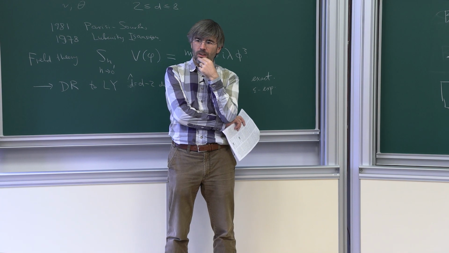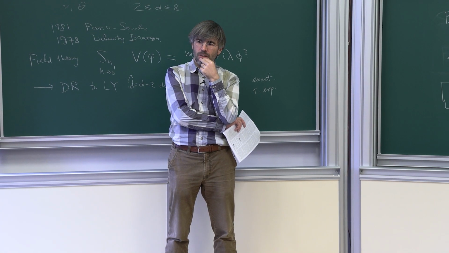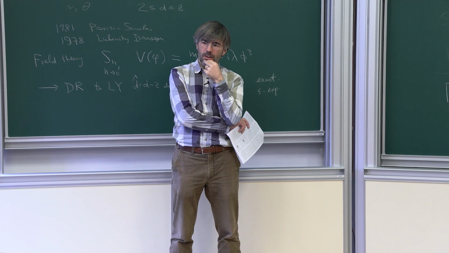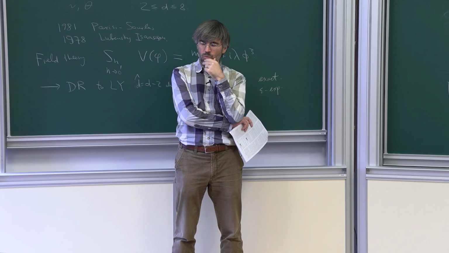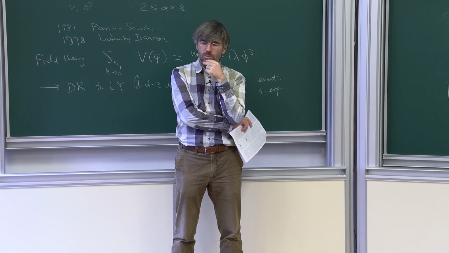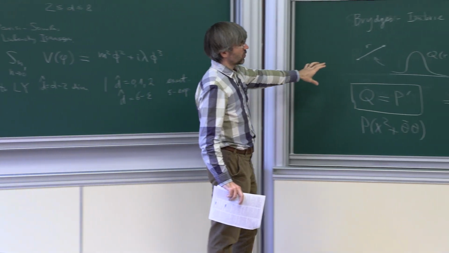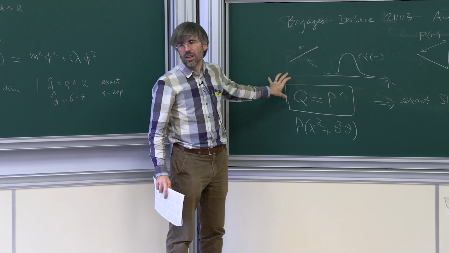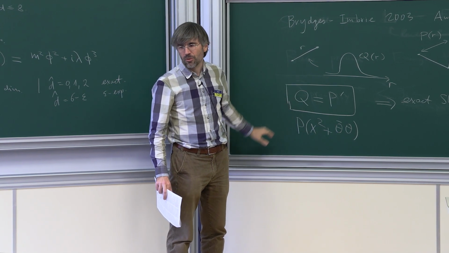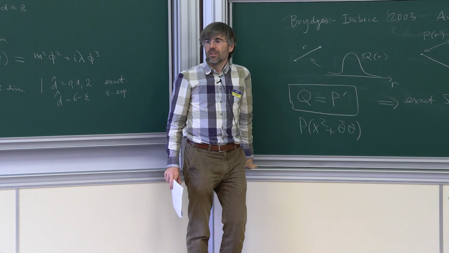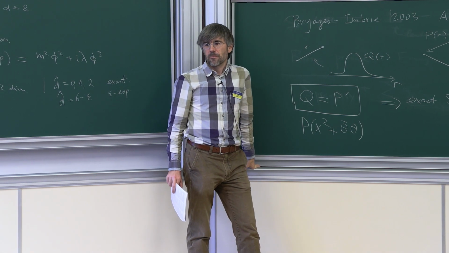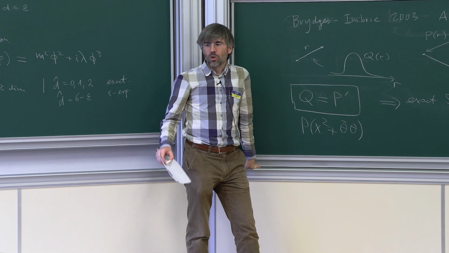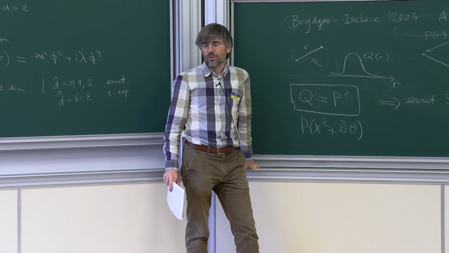You can introduce the Grassmann variables, but you don't have microscopically the full Parisi-Sourlas. Maybe you have a subgroup of Parisi-Sourlas. Brydges and Imbrie also don't have the full Parisi-Sourlas. I think they have a subgroup, but that subgroup is probably enough to kill the perturbations. So even models which generate only a subgroup are also interesting.